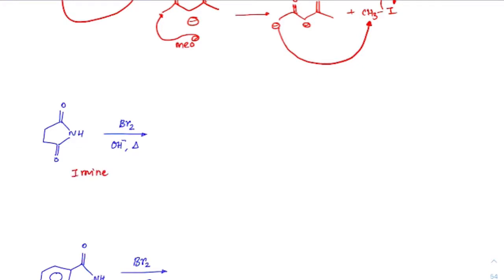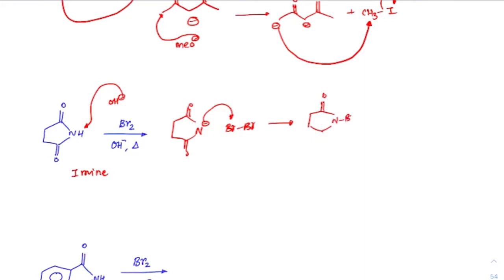Imides are interesting because first OH minus will attack and remove that proton, and we would get N minus, which on reaction with Br2 will become N-bromosuccinimide.